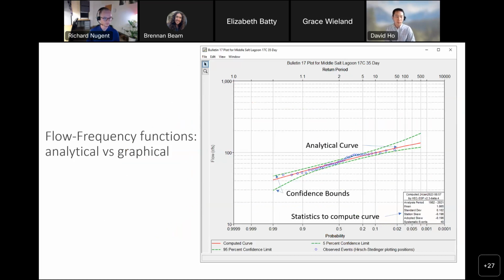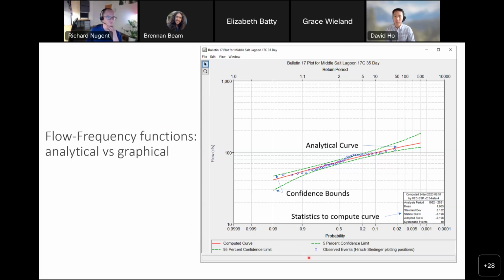The first topic we'll cover is analytical and graphical frequency curves. Before that, what is a frequency curve and what does it tell us? A frequency curve is a visual representation of the distribution of your data set. And what it tells us is the probability for a given flow. Using this graph on the right, let's say we wanted to know what the 10% annual exceedance probability is.